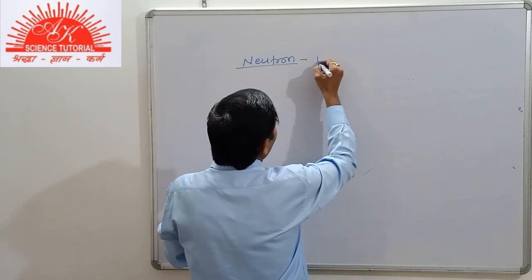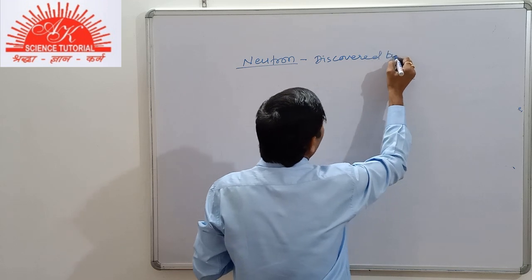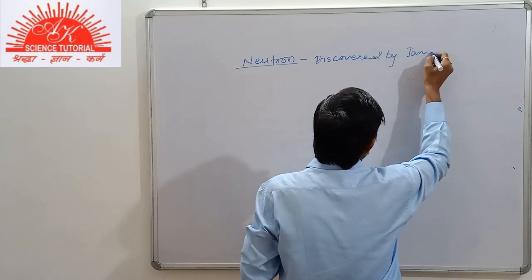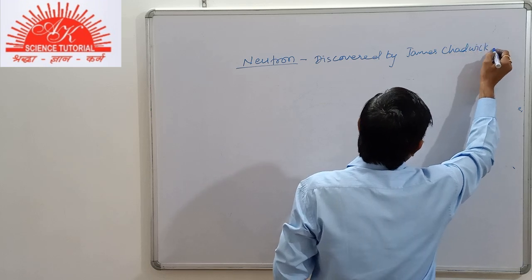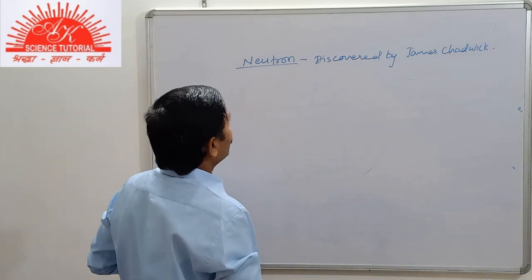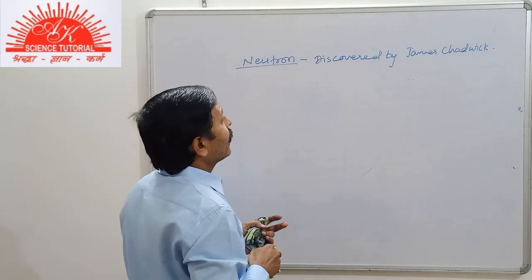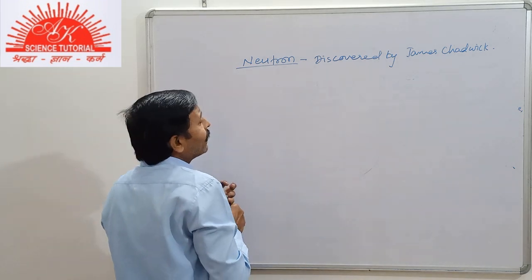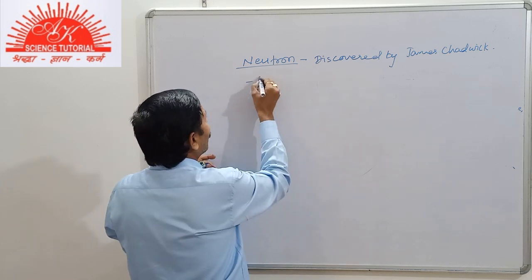Now, it was discovered by James Chadwick. Further we see how the neutron was discovered.